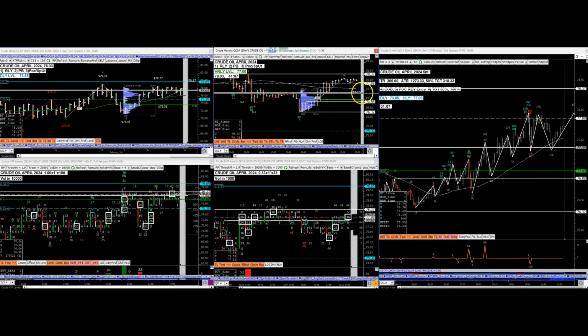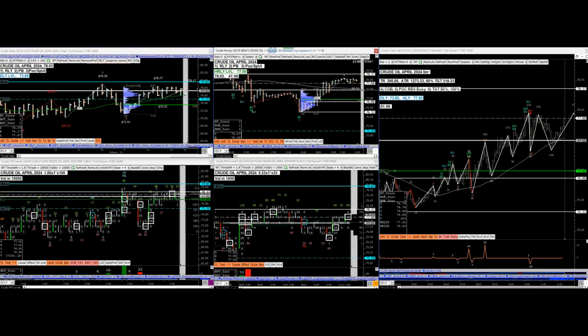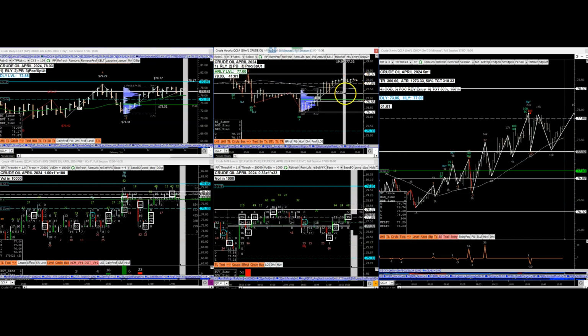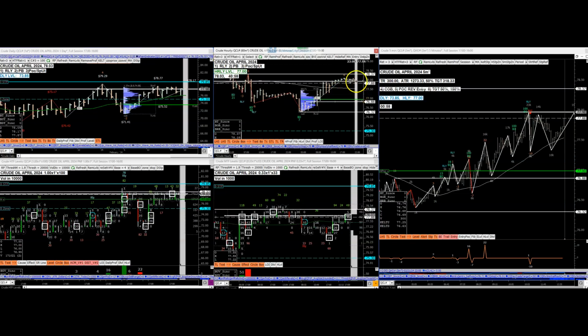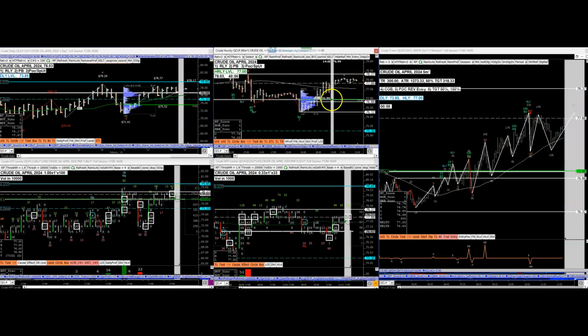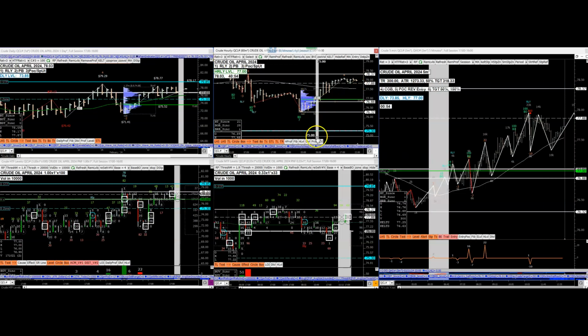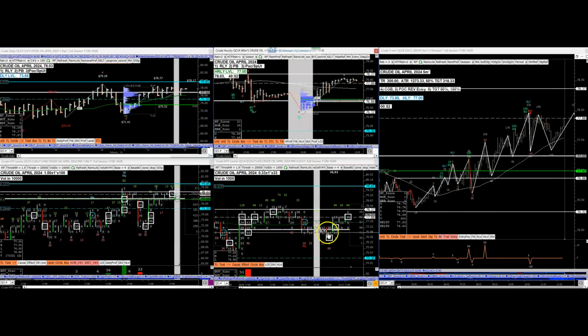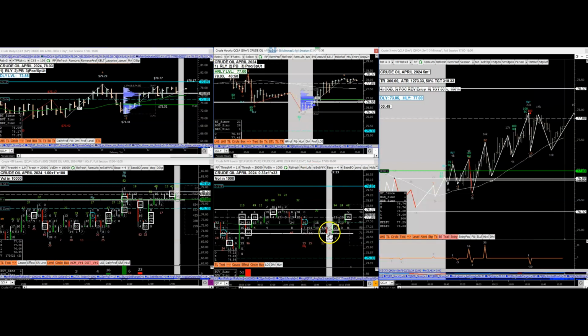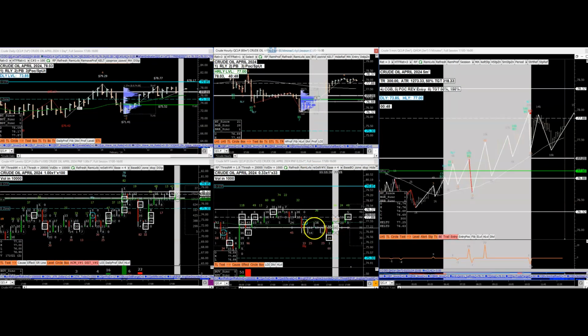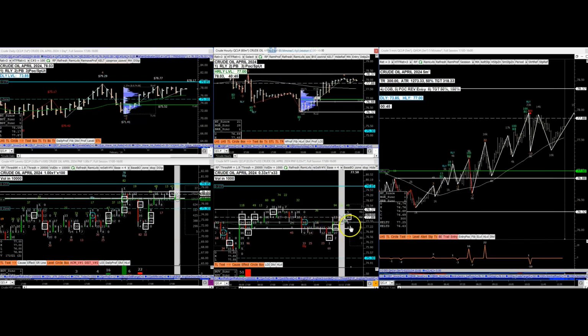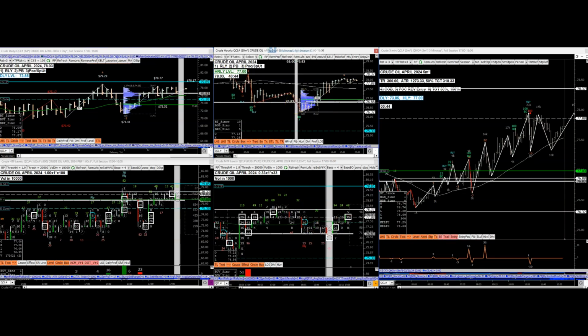Scenario 3 is that it does a spring, so be on guard for that. And scenario 4 is that it's going to hit this level right here. I know how to target it because I'm using this chart below. So I realize it's right here, 77.22 area, that strong hands should step in.